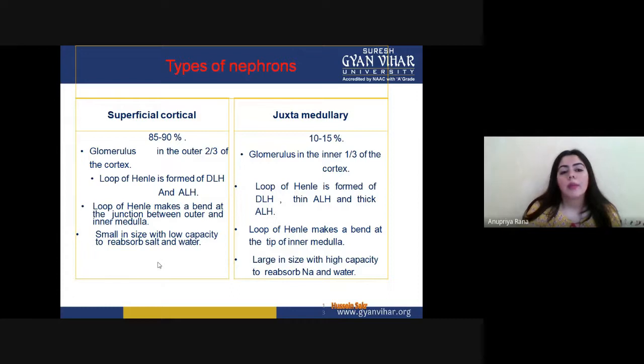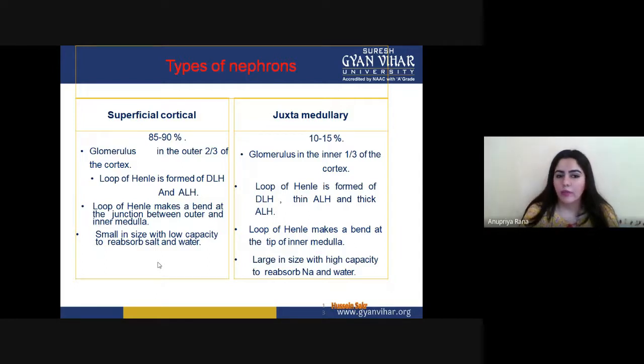So, what happens in the superficial cortex? It is made up of 85 to 90% of the glomeruli, in the outer two-thirds of the cortex. So in the outer two-thirds of the cortex, the glomeruli will be 85 to 90% of the superficial cortical nephrons. Second, the loop of Henle is formed of DLH and ALH.